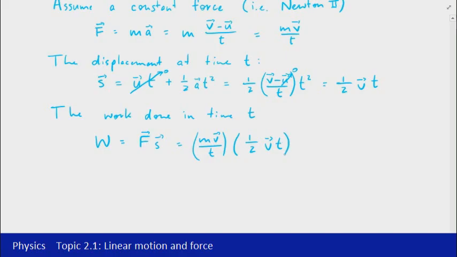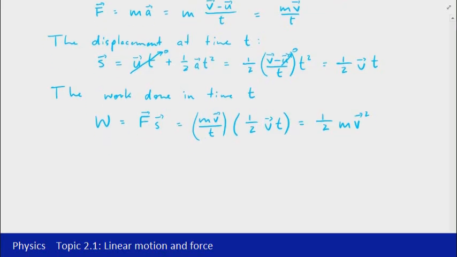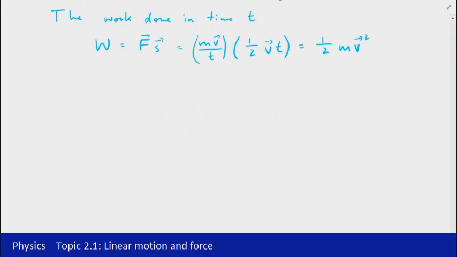Now if we expand the brackets, we get an expression half m v squared. The reason for that is the t divided by t cancel, and so all we're left with is half m v times v, so half mv squared. So that's the work that's done in causing the box to accelerate to that speed v.